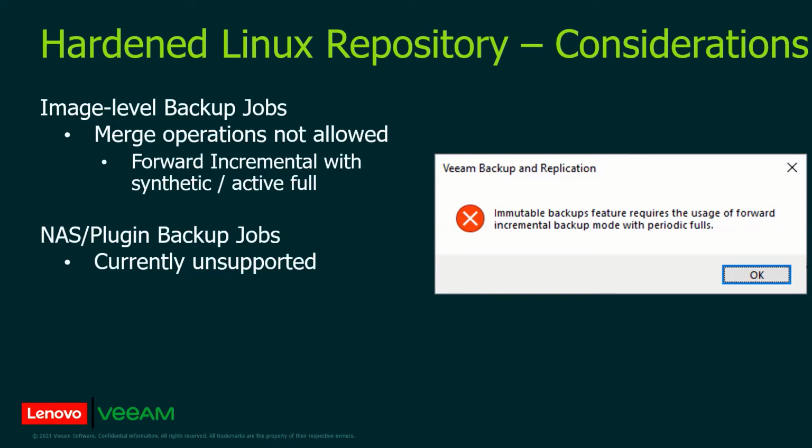The oldest increment is then merged into that full. So the oldest VIB is merged into your VBK. Well, if both of those files are immutable, particularly if the initial full is immutable, that's not going to happen. The merge operations are going to fail. So you do have to do periodic, either synthetic or active fulls with the Hardened Linux repository.